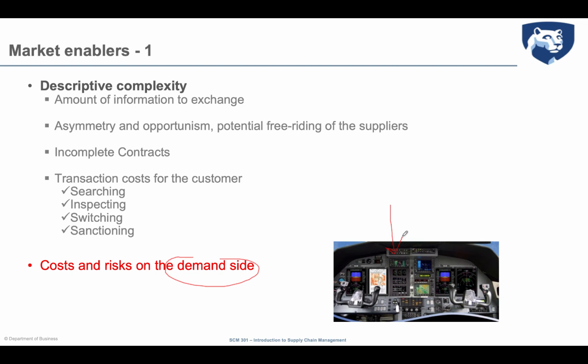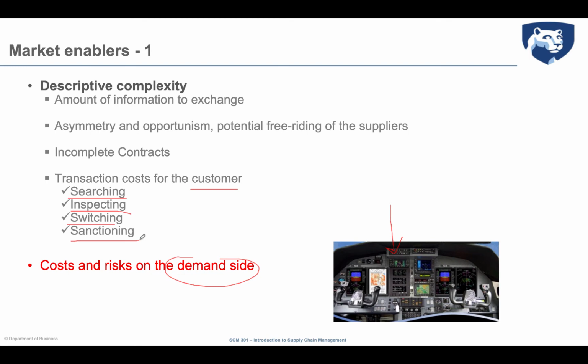Why is it a source of risk? Because again, if something is not clearly defined, the supplier cannot meet exactly the expectation, and so the customer, to avoid this from arising, needs to search for better suppliers, inspect the product better, switch a lot from one supplier to the other in case the supplier is not reliable in producing what was requested, and needs to establish sanctions and penalties in case the supplier is not compliant with the expectation.